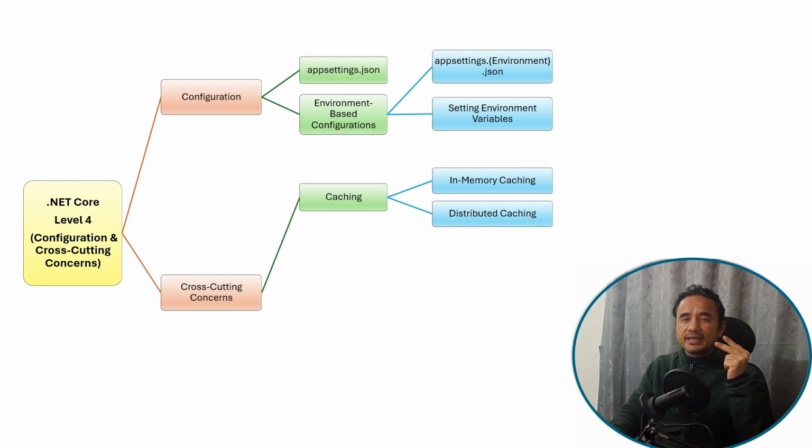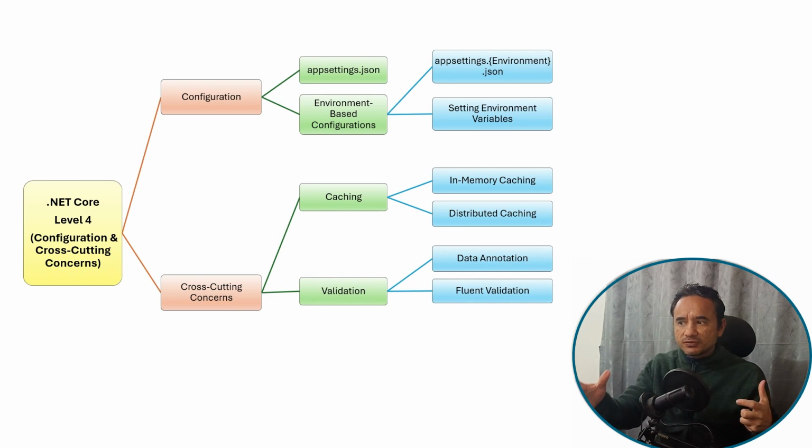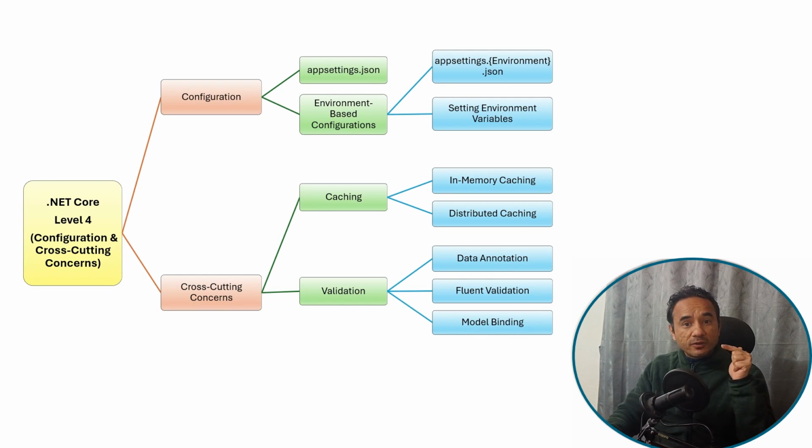You can use Redis for shared data across servers. For validation you can use data annotations, or you can use fluent validation, which is optional. Data annotations you must know, fluent validation is optional. Then model binding is also there.